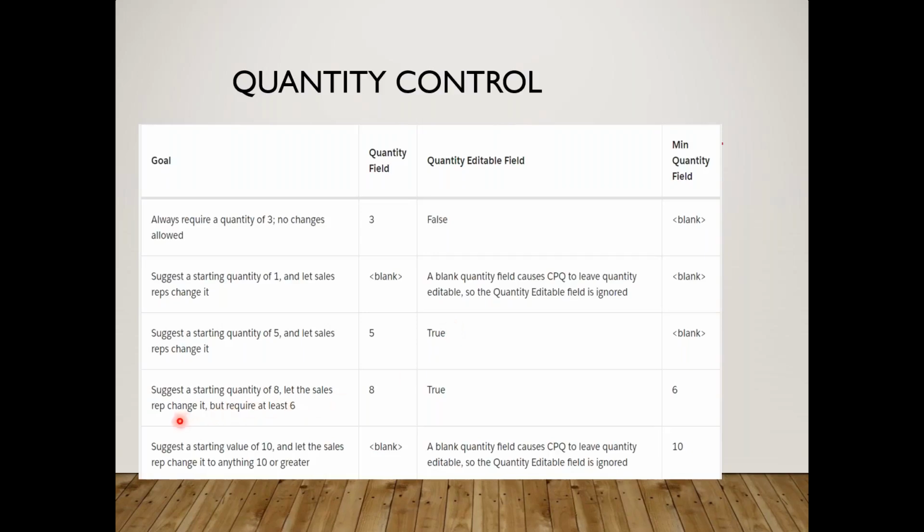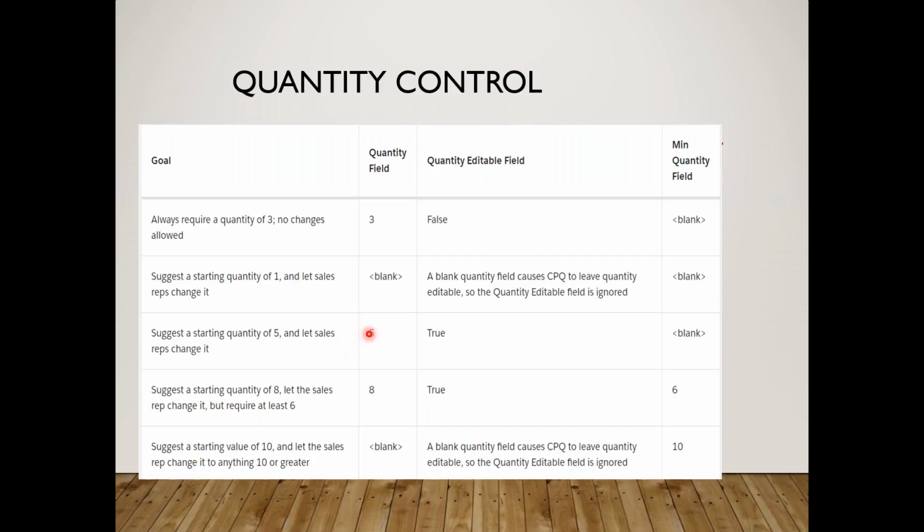Okay. Next scenario is suggest a starting quantity of 8. Let the sales rep change it, but require at least 6. It's similar to this, but it will not allow to change. Here you can change 5 to 4 or 5 to 6. You can go with this because you don't have any minimum quantity here.